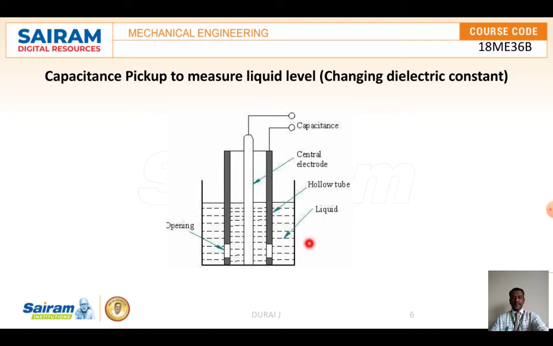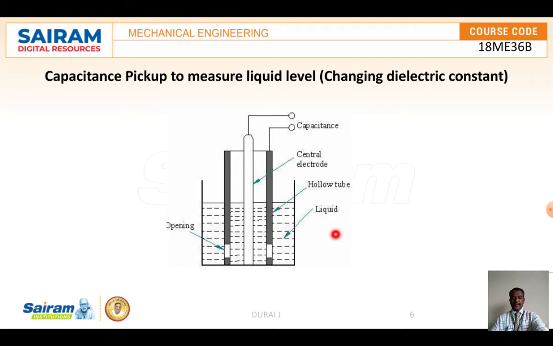The capacitance between the central electrode and the surrounding hollow tube varies with the changing dielectric constant, brought about by the changing liquid level. Thus the capacitance between the electrodes is a direct indication of liquid level.